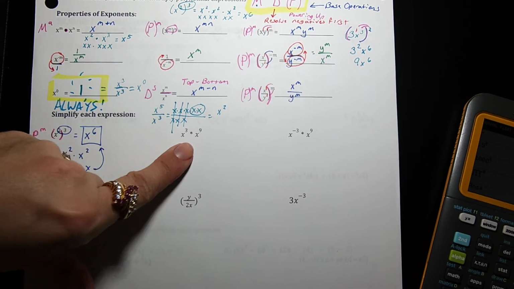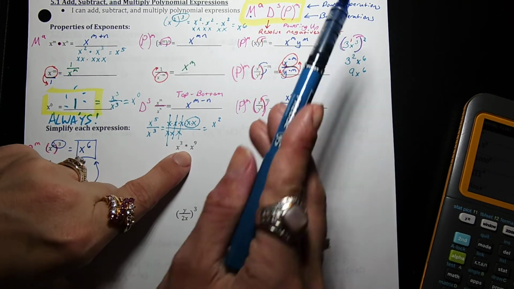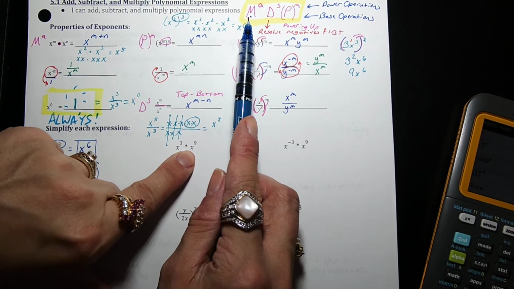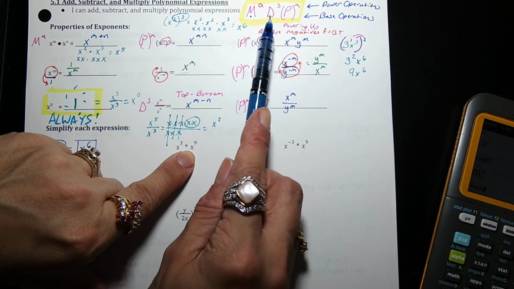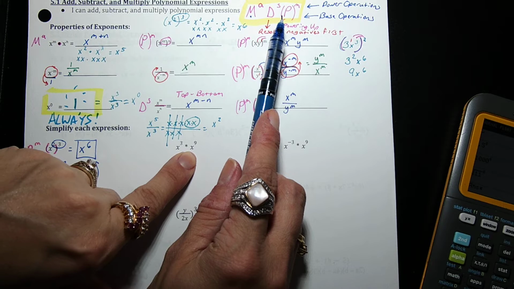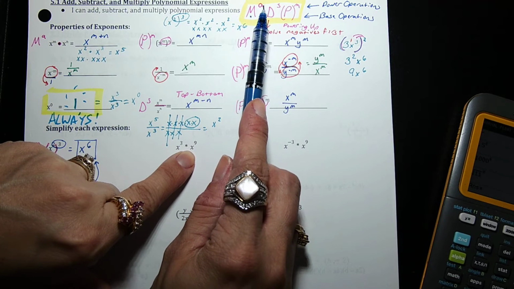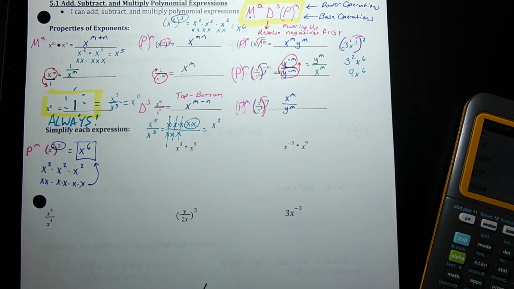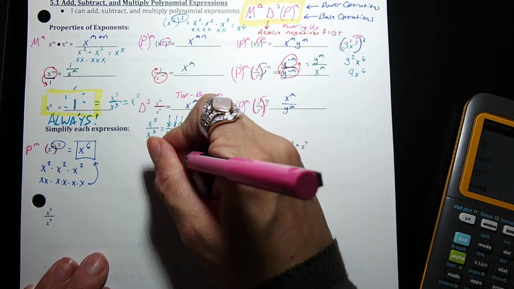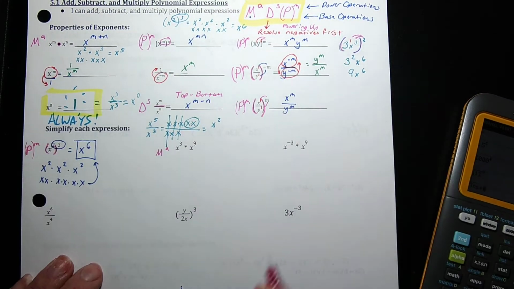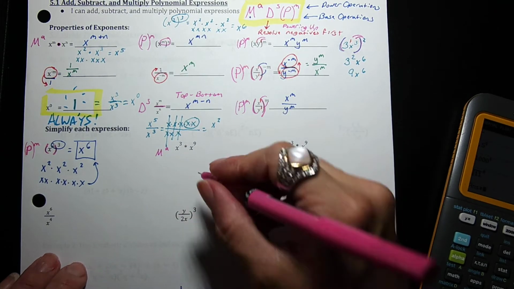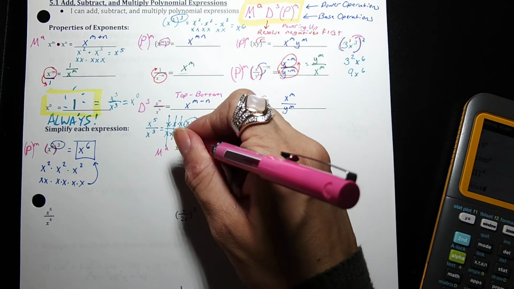Take a look at our next one. What base operation do we have going on between the x's? Multiplying, dividing, or powering up? Multiplying. So we're multiplying the bases, so we will add the exponents. So this is the A part of MADSPAM. So we're multiplying the bases, so we add the exponents.